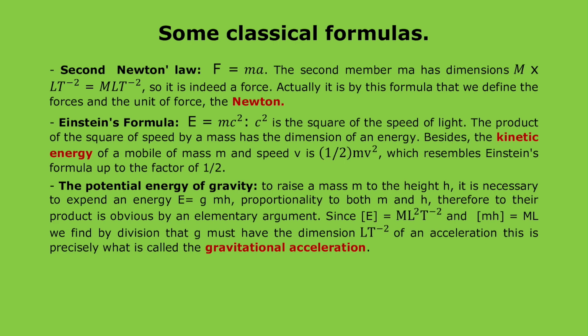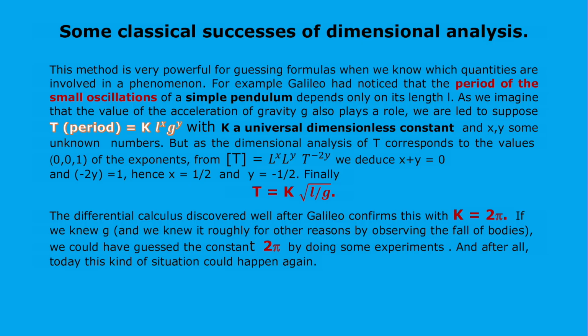Point 4. Some classical successes of dimensional analysis. This method is very powerful for guessing formulas when we know which quantities are involved in a phenomenon. For example, Galileo had noticed that the period of the small oscillation of a simple pendulum depends only on its length l.